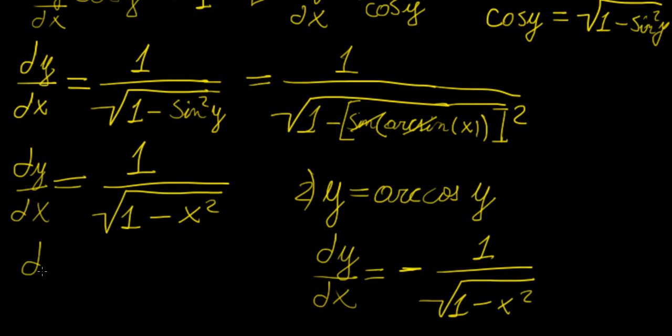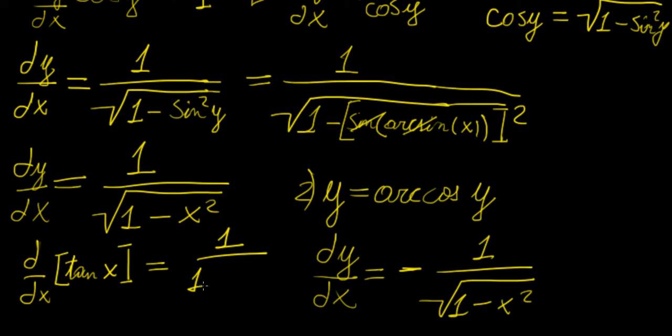Another expression that you might derive is, sorry, I'm going to write this as d over dx of tan x would actually give us 1 over 1 plus x squared.